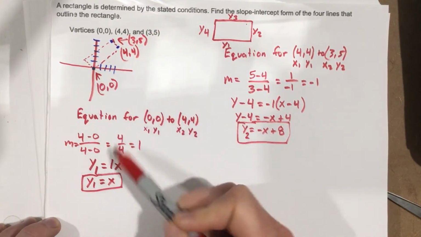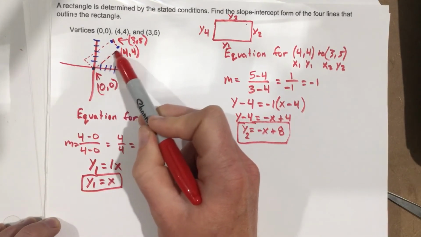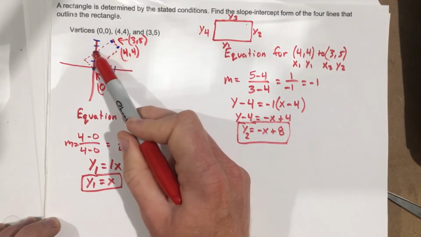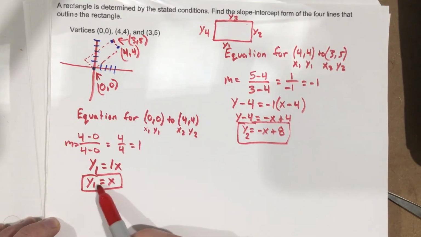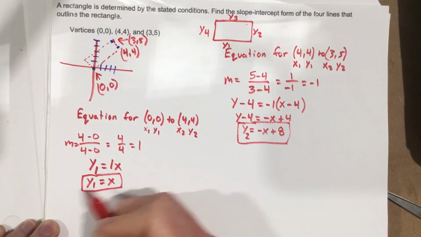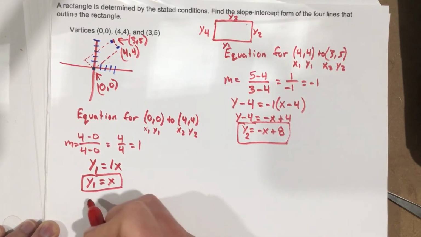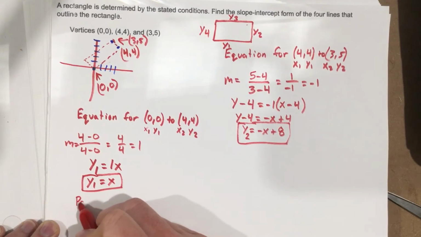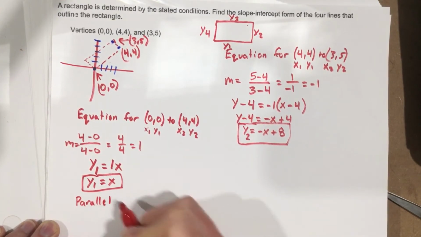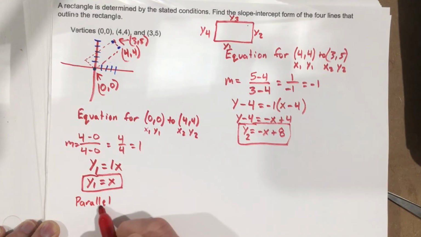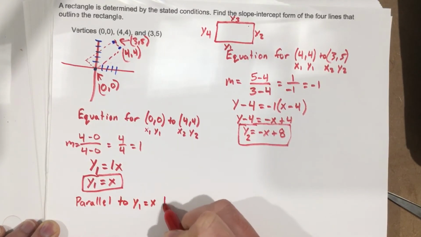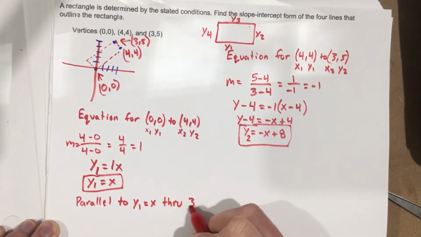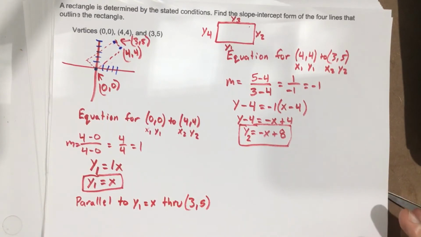We found the equation for 0, 0 to 4, 4 right here. The next line that we need to find is parallel to that, but it goes through 3, 5. Because this slope is 1, we're going to write a line parallel to y1 equals x through 3, 5. Let's write that out.